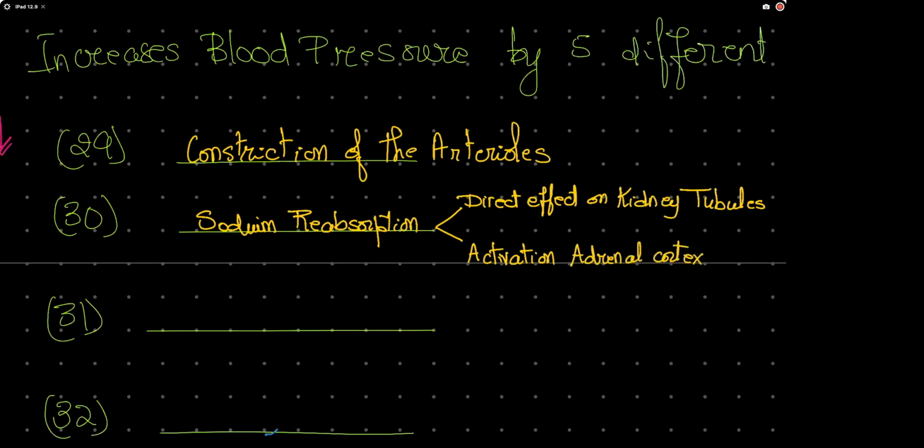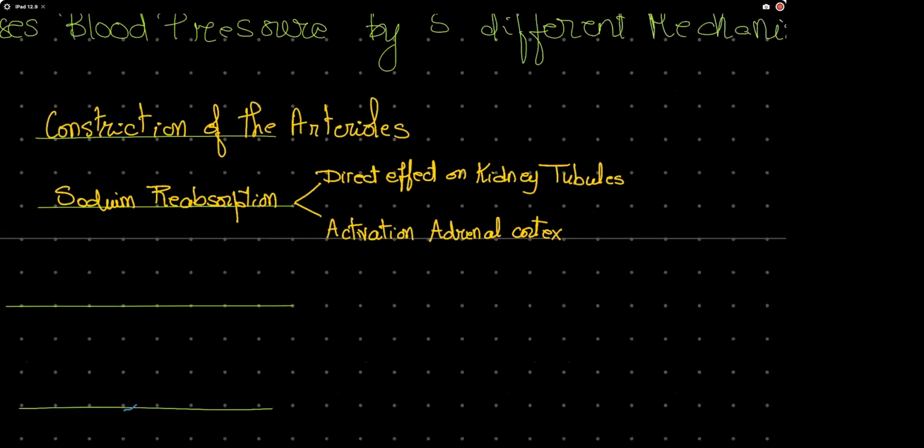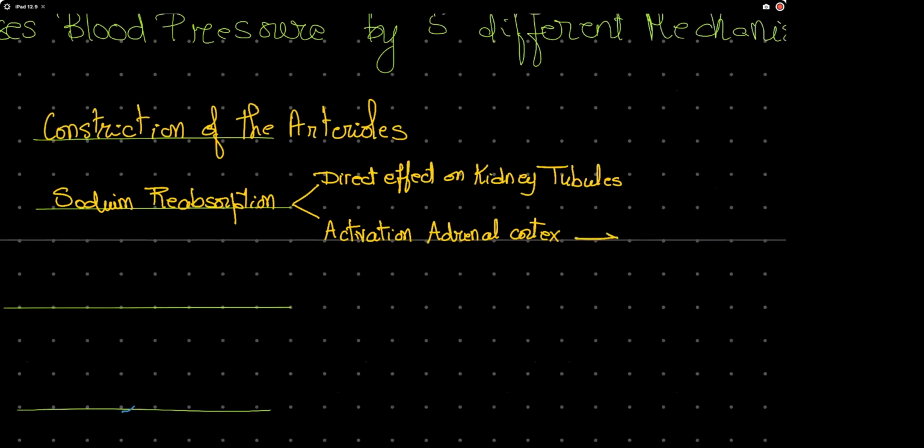Can you remind me, when you activate the adrenal cortex, what hormone are you getting out from the adrenal cortex under the effect of the angiotensin II? The one that actually is the main hormone that enhances the sodium reabsorption. Exactly, this is going to be my aldosterone.